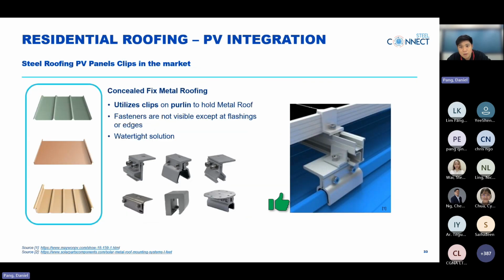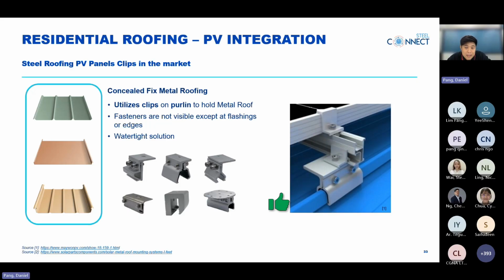Now, here we will share a little on steel roofing PV panel clips in the market. On the left here, these are the most common concealed fixed type of steel roofing, meaning that it is designed to utilize purlin and have fasteners concealed except for flashing or edges.